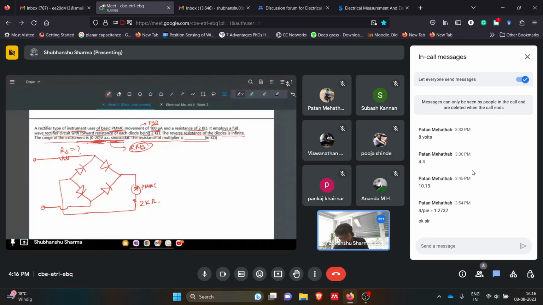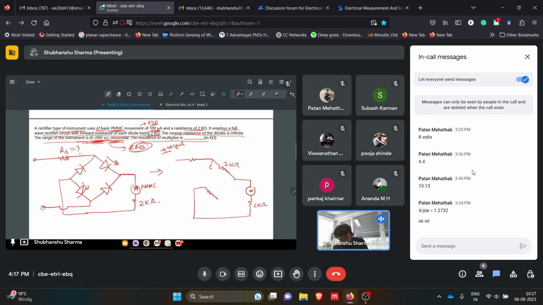Let me give you one more help in this. For the positive cycle, how will the circuit look? This diode will be on, and the current will go like this, and this diode will be on. The diode forward resistance given is 2 kilo ohm. It looks something like this: we have the PMMC 2 kilo ohm, then another diode here.